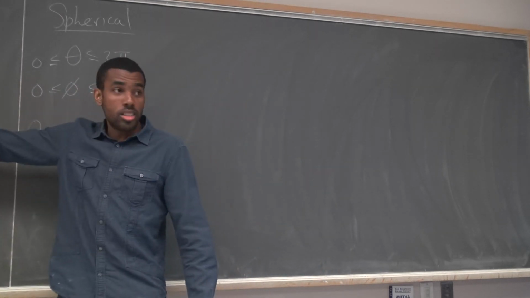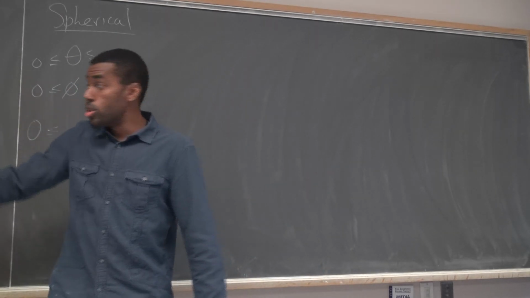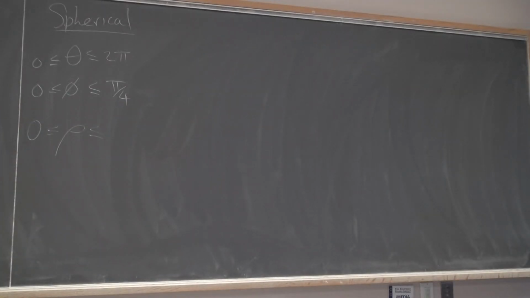Remember, our sphere is not centered at the origin. So it's not 2 from everywhere, right? For example, if I say go from 0 to here, is that 2? That's not 2. So it's not going to be constant anymore because we're not centered at the origin.